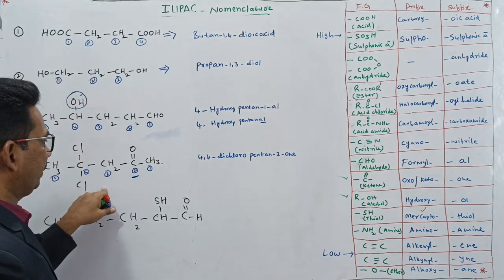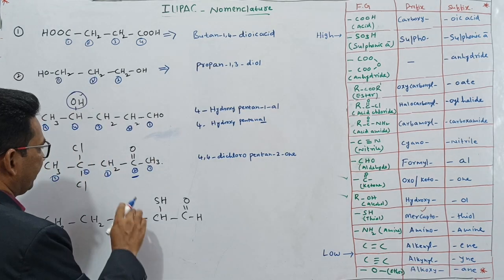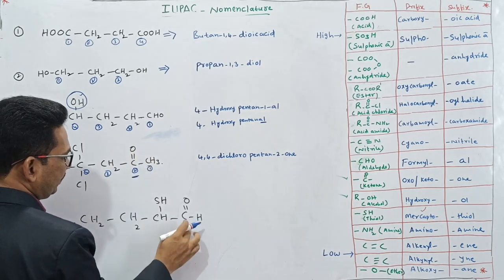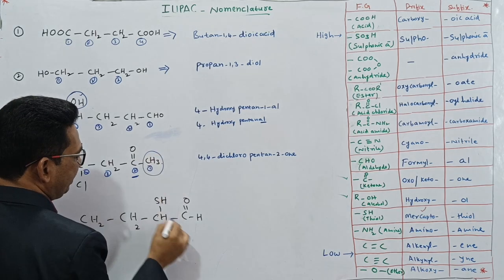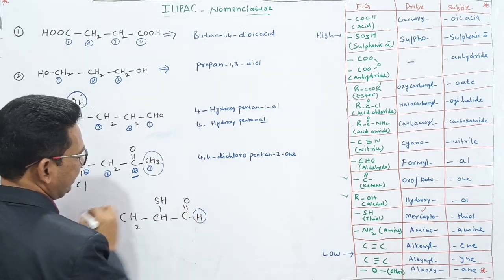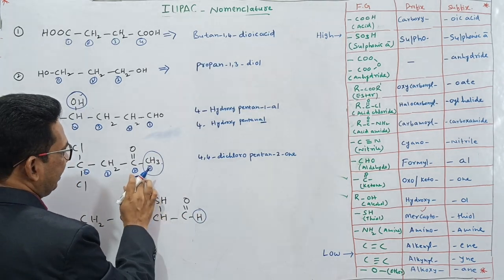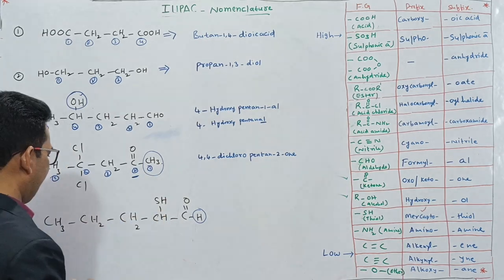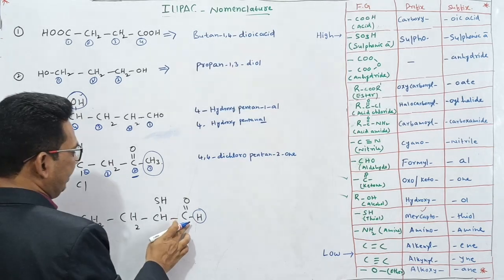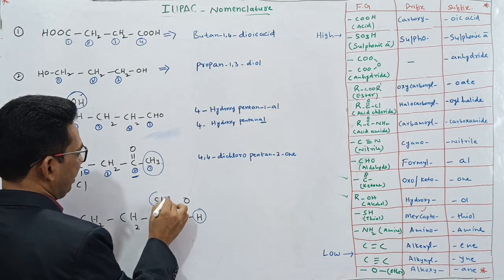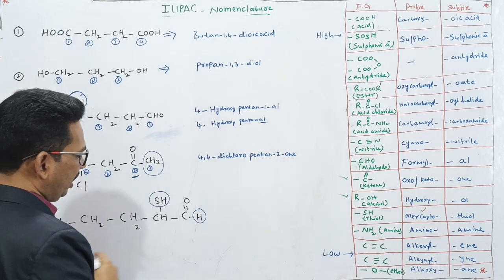You can write pentanone or pentan-2-one. You might have understood this one. See here, both structures look similar, but the difference is that here a methyl group is there, here hydrogen is there. That's why this is the ketone, this is the aldehyde. Now see how we are going to give the number. Here aldehyde is there and this is called mercapto. Why am I calling it mercapto?